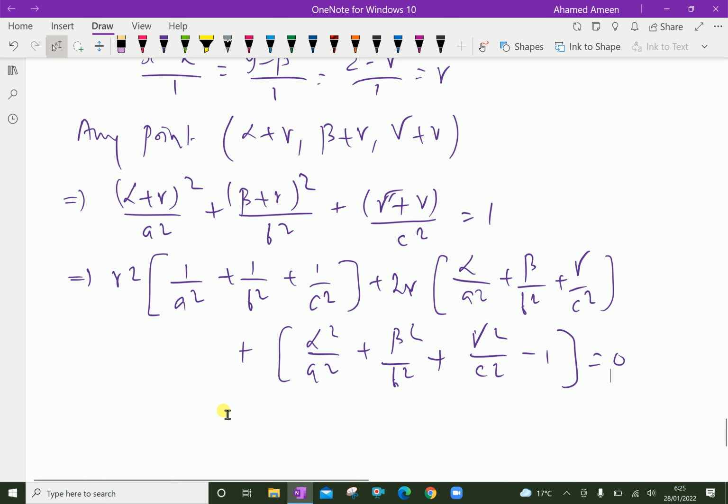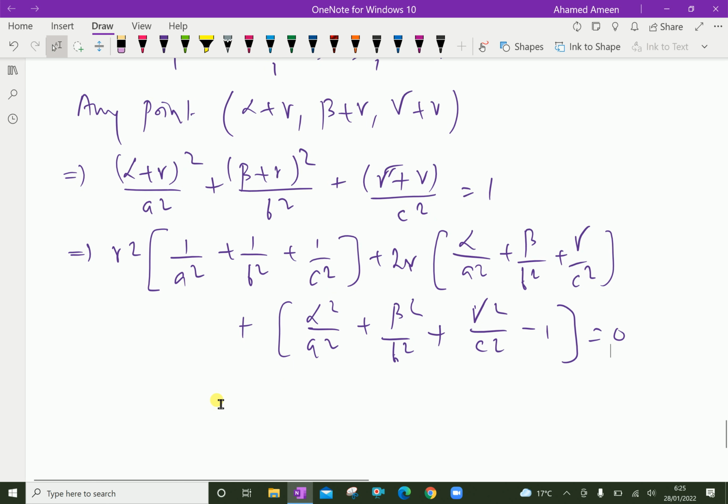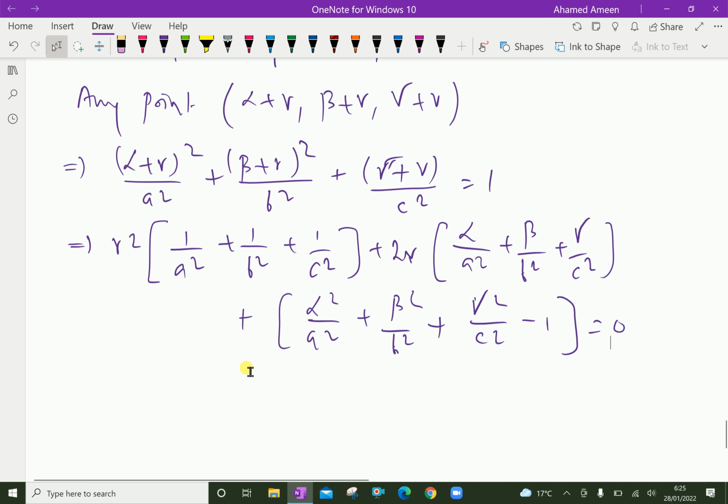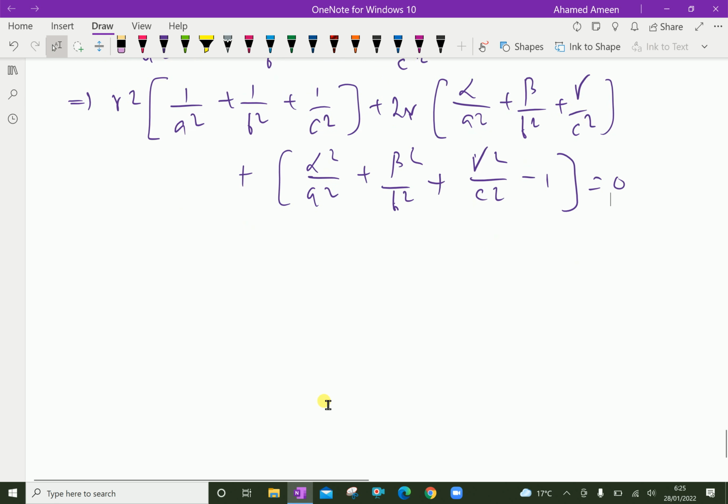Since this generator through P of alpha, beta, gamma is a tangent to the given ellipsoid, the locus of point P of alpha, beta, gamma is the required equation of the enveloping cylinder.